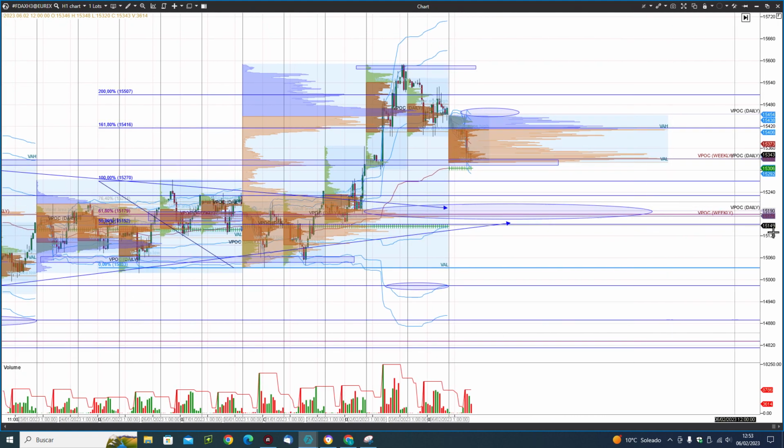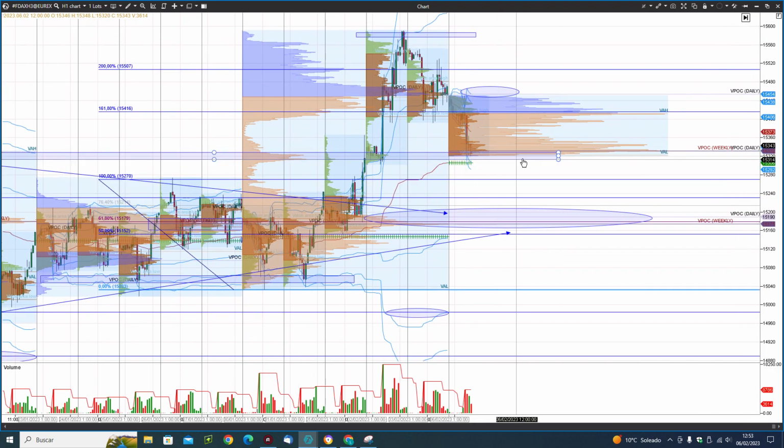15,577. About lower targets, first one is very close. We have touched this high volume node.